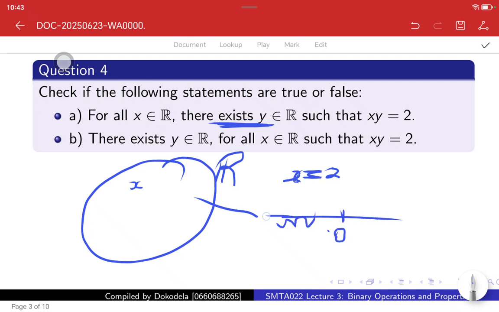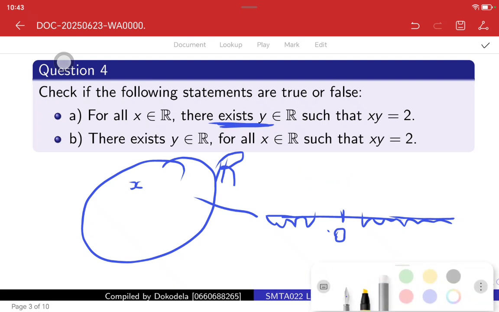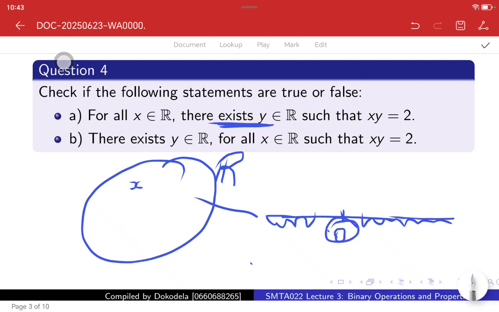Then you check other numbers, which we can just take at random. Remember, mathematical induction tells us that I can take one number, then I take k, then I take k plus 1. Then I can take minus k, then minus k minus 1.